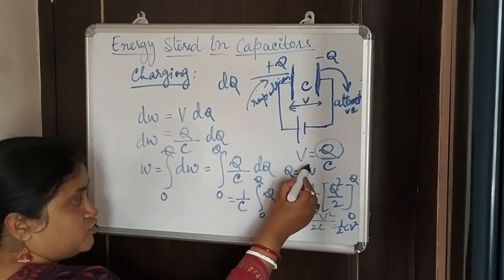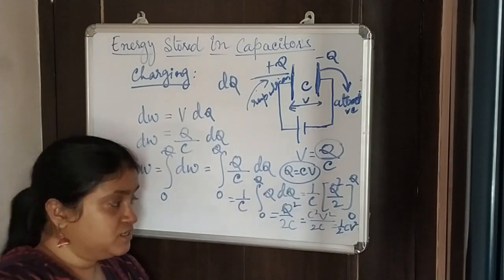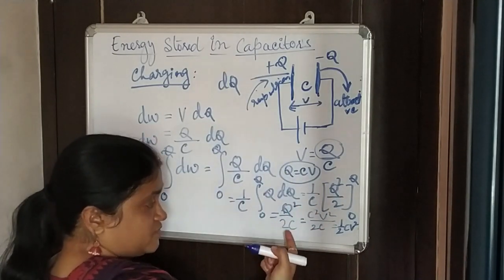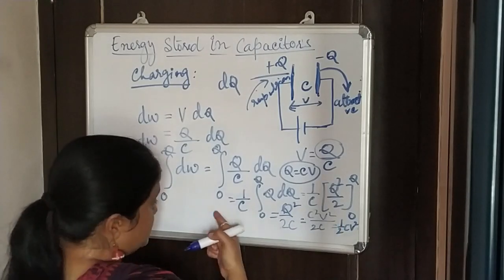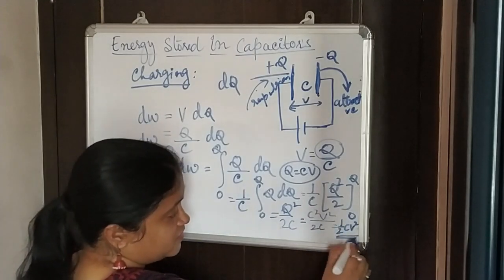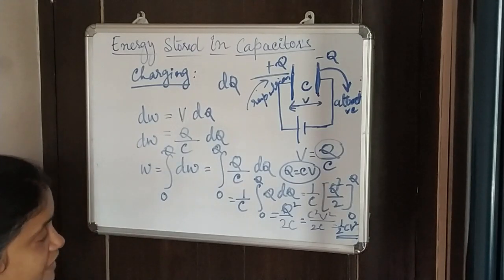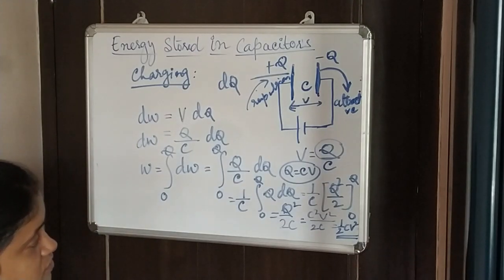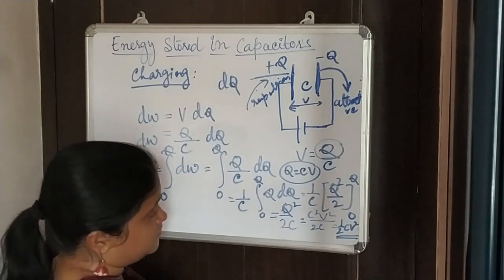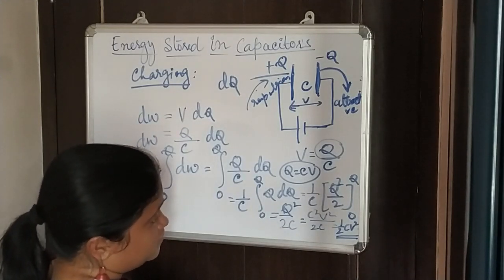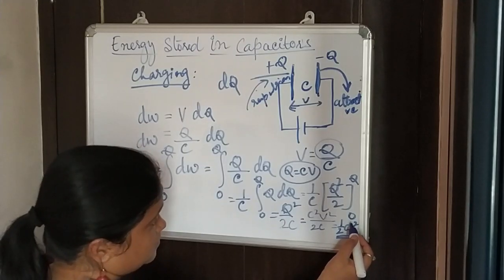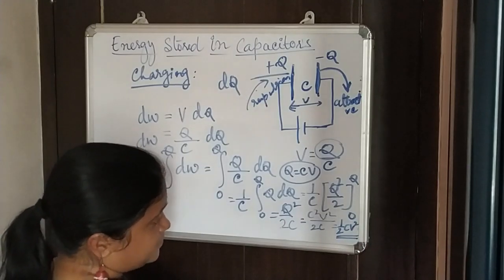Once we substitute Q equals CV into this expression, we get the total work done as half into C into V square.